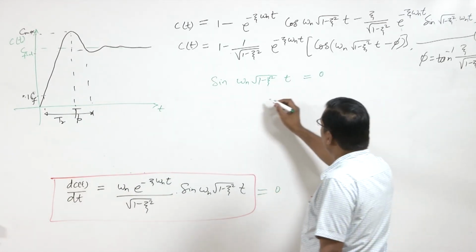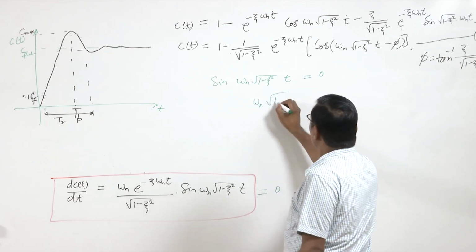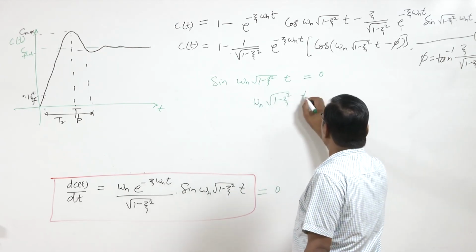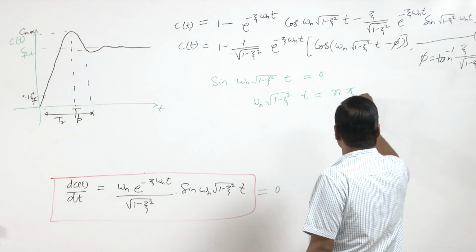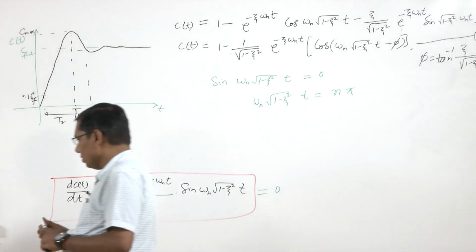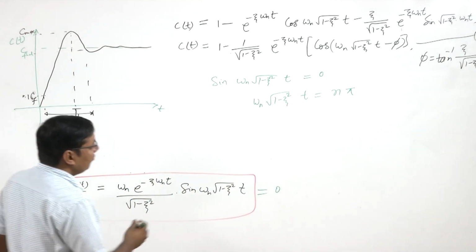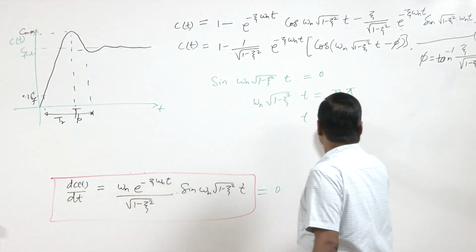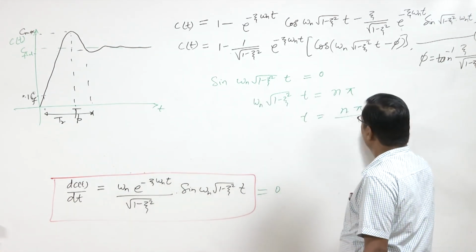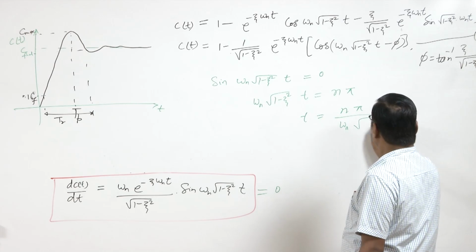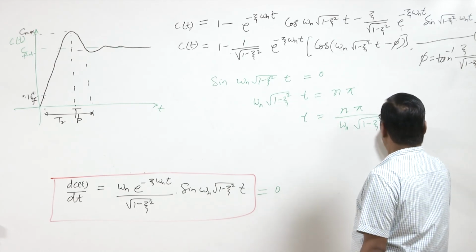And so omega n root 1 minus zeta square t equal to n pi, and therefore t equal to n pi upon omega n root 1 minus zeta square.